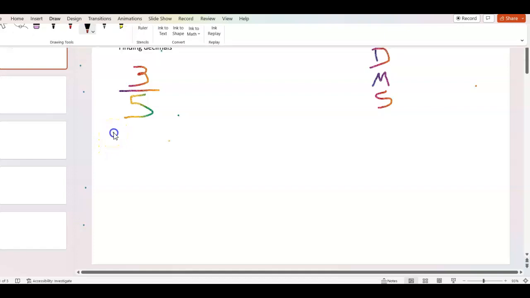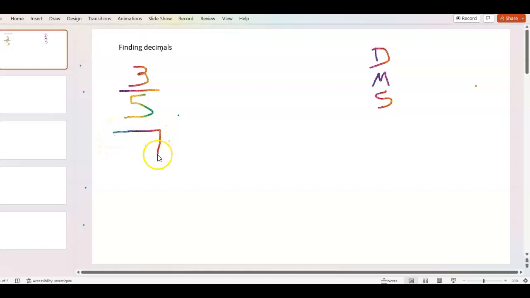Yeah, it'd be easier just to do a rectangle for this representation for 3/5. So we'd have 1, 2, 3, 1, 2, 3, 4. Need one more. Might not be straight, but there. You know the gist. And then we would have to shade in 3 of them.